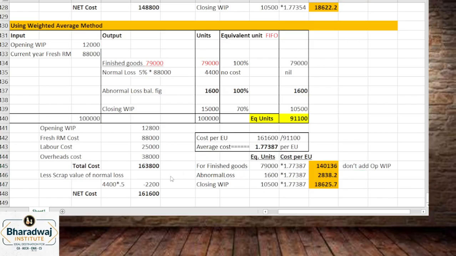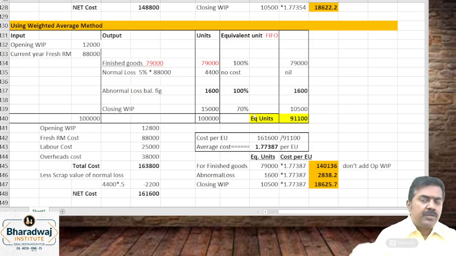Please take up this. So why equivalent unit?